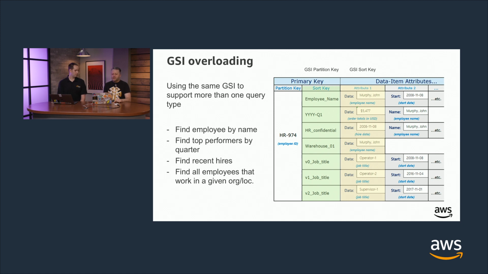The other thing about GSI overloading, now that you can have up to 20 GSIs per table, is not that much of an issue, but GSI overloading helps keep the cost down too. By overloading that GSI, I don't have to make another GSI. I can reuse that same one for different types of queries, and that's pretty cool too.